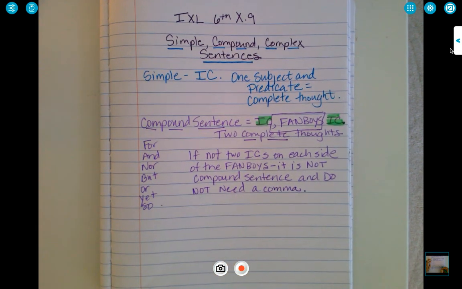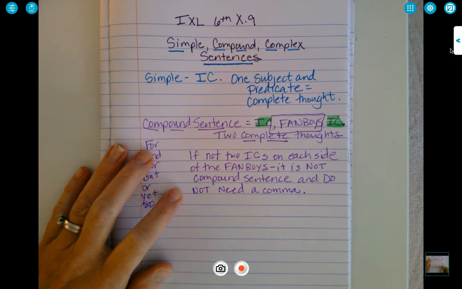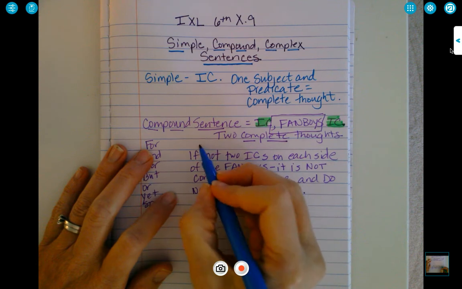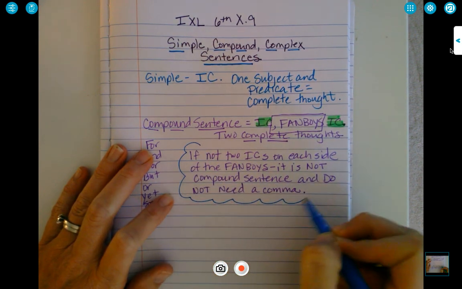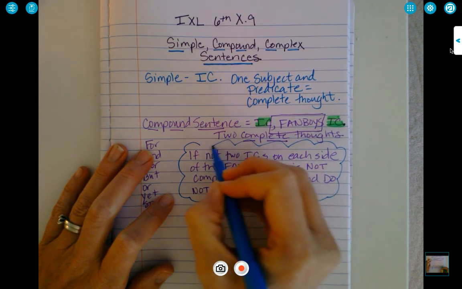Okay, so remember that. If there's not two ICs on each side of the fanboys, it is not a compound sentence, and you do not need to use a comma.